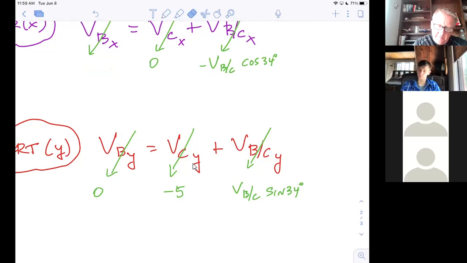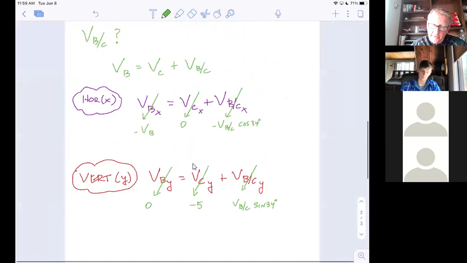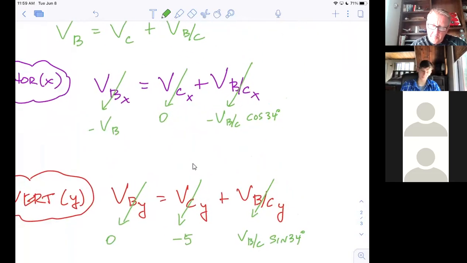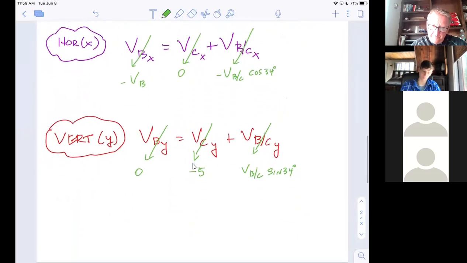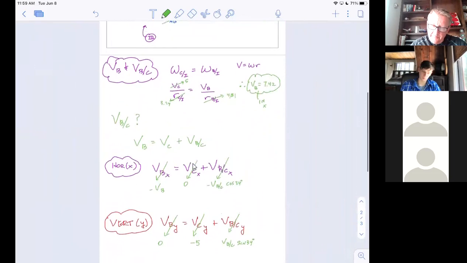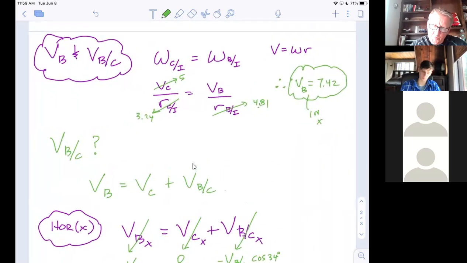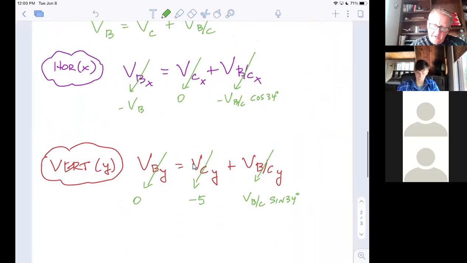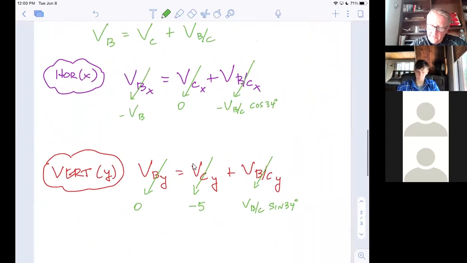Another option would have been to say that's the same as the velocity of B. But again, we already calced that earlier. That's the thing that's interesting. If I did it that way, I would have looked at the top one and said, oh, that's too bad, it still has two unknowns. But if I'd started down here and skipped all of that rotational business, notice I could have gotten this question right just from here.